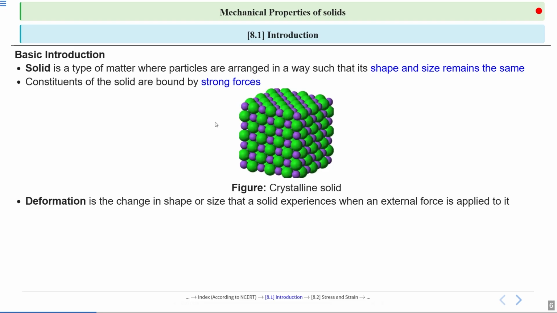Next, deformation. Basically, deformation occurs when an external force is applied to a solid, causing a change in its shape or size. This concept is important in understanding how materials respond to forces, which is important in fields like engineering and material science.